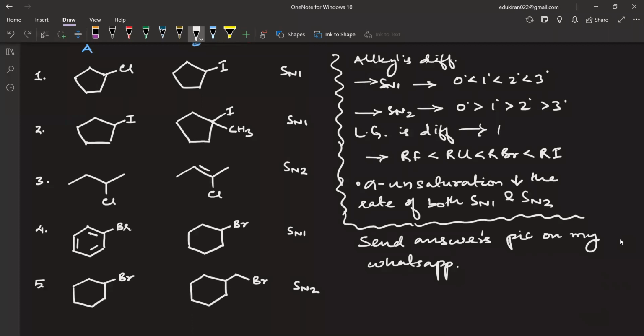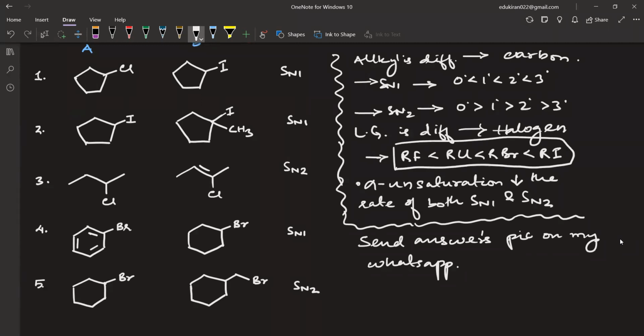Yes. So tell me, halogen is different or alkyl group is different? Alkyl group means whichever carbon atoms we have. Leaving group is different. So what will the order be? Tell me which one is faster. Which will be faster? The Cl one or the I one? I will be faster. Done? Okay. Next one, tell me.